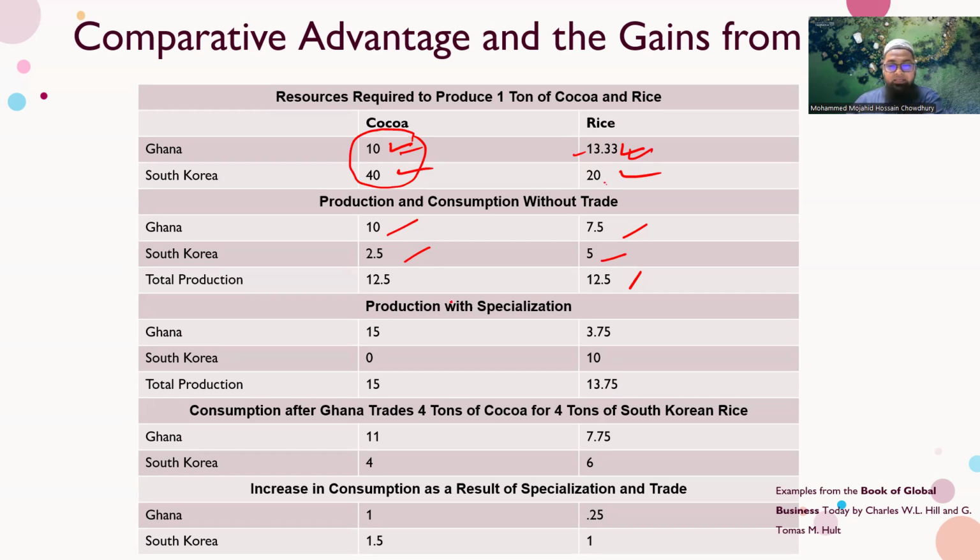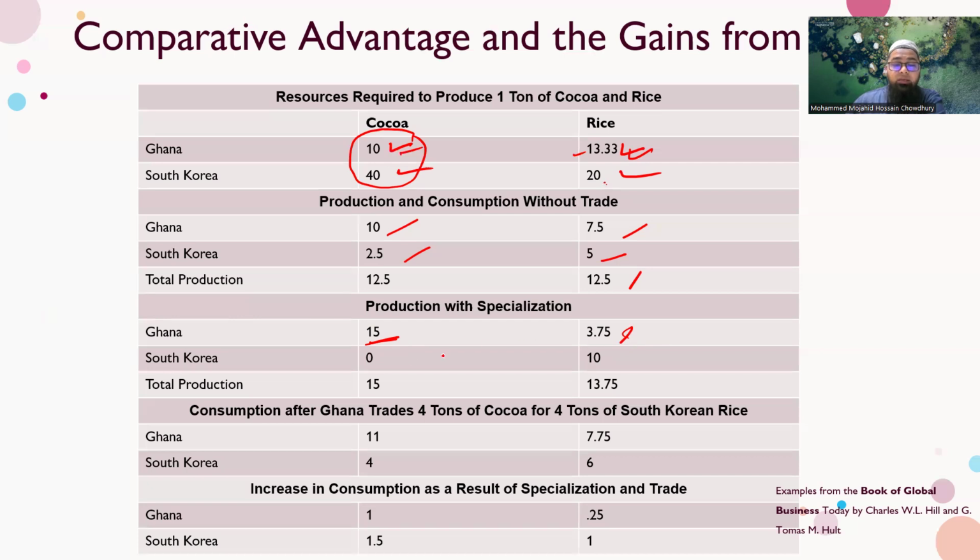So now let's look at production with specialization. Let's say Ghana uses 150 resources out of 200 resources to produce cocoa. So they come up with 15 metric ton. On the other hand, if they use the rest of the 50 resources to produce rice, they will come up with 3.75 metric ton.